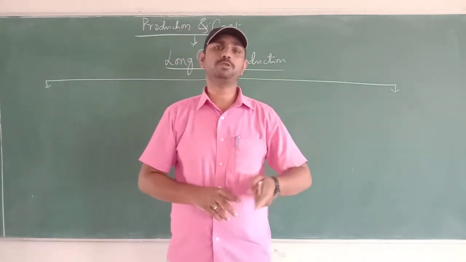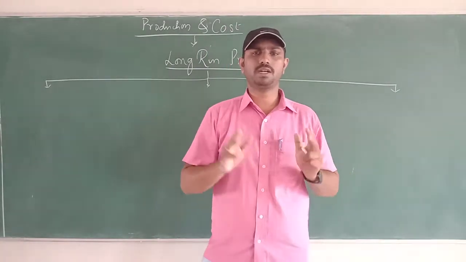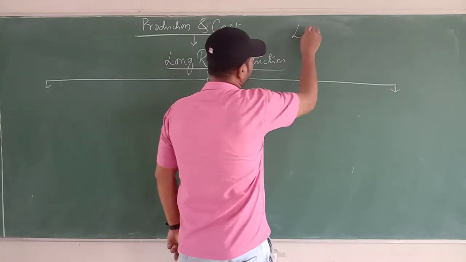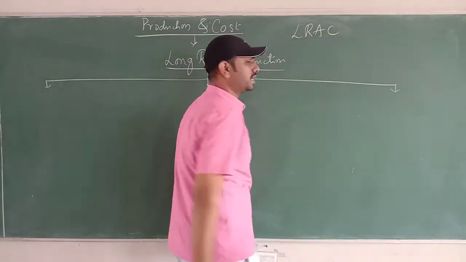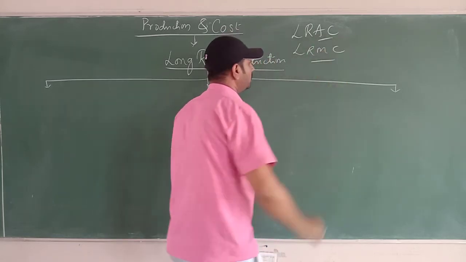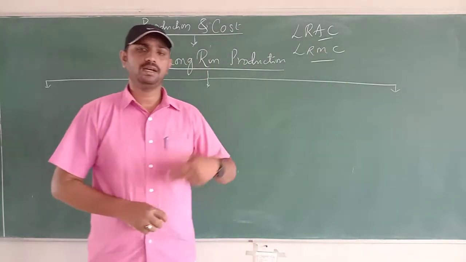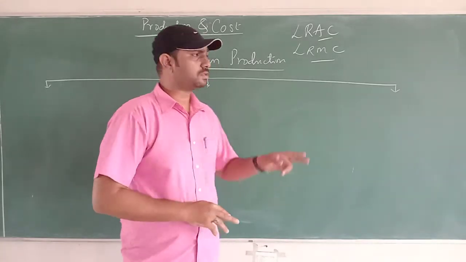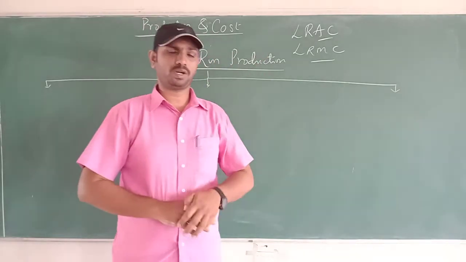We talk about only two types of cost involved in long run production: the first is LRAC, long run average cost, and long run marginal cost. We'll discuss this topic when we enter the cost part.